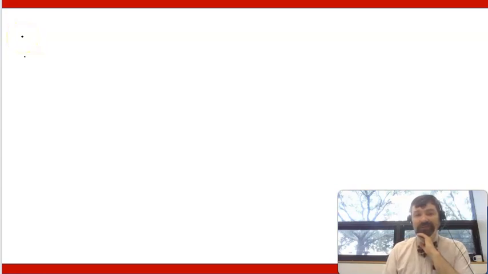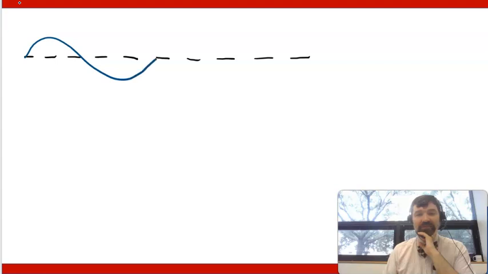So if my string at equilibrium is represented by this dashed line, then at some particular moment in time, this wave will just look like a sine wave about this equilibrium point.